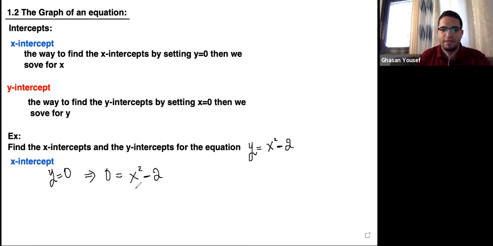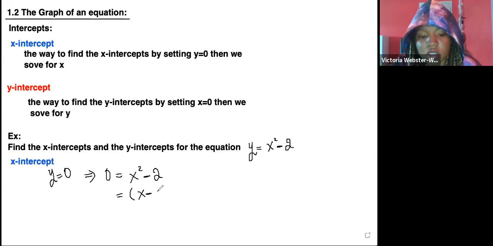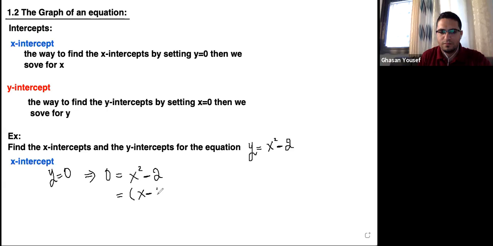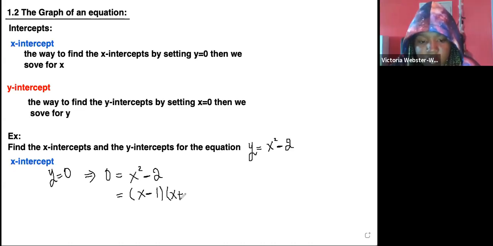How can we find the values of x here? Factor it, right? So what is the factoring for x squared minus 2? It would be x minus 1 and x plus 1?